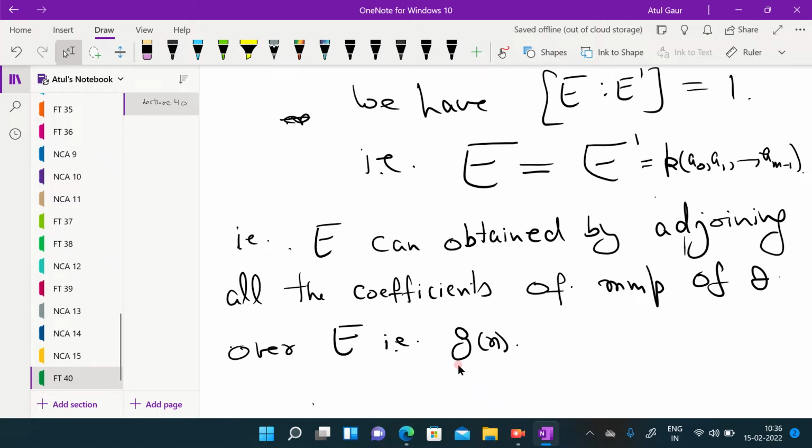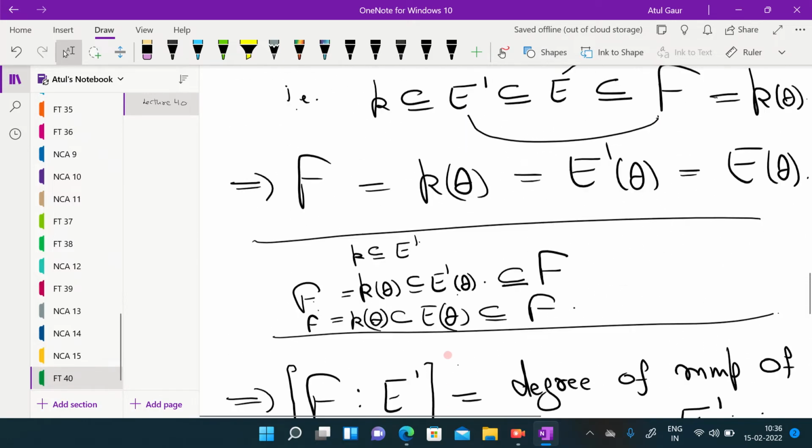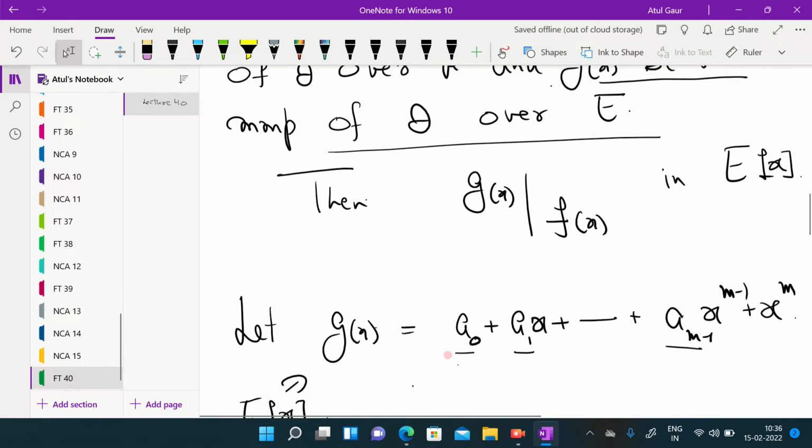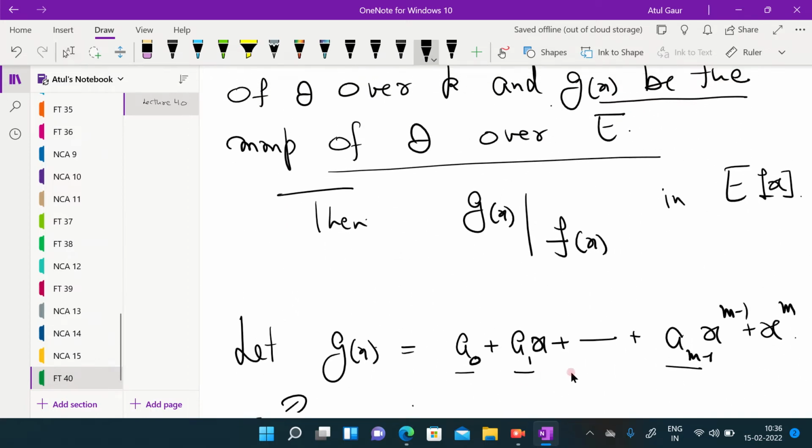I mean GX is a factor of FX, monic factor of FX. Is that fine? भाई देखो, somewhere we have written GX divides FX, right?